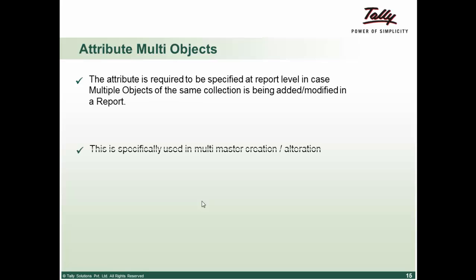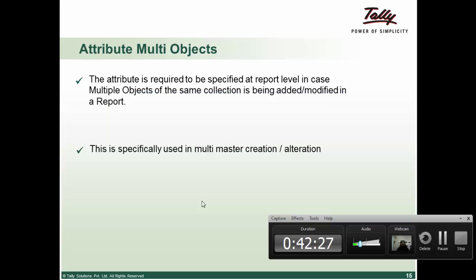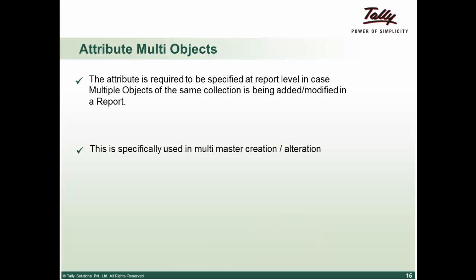Now we have an attribute called multi-objects. This attribute is again used at report levels. However, this attribute is required in an edit mode of a report, maybe a create report and an alter report. But why would we require this? Until now, whatever we have talked about is the calling of values, showing them, how to show them, where and when.